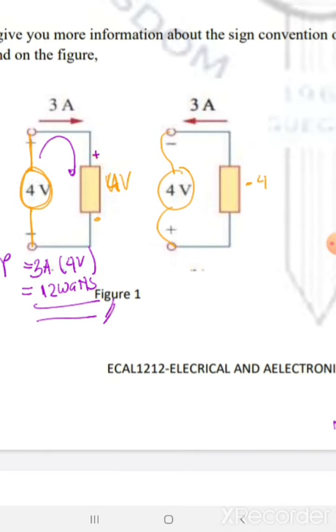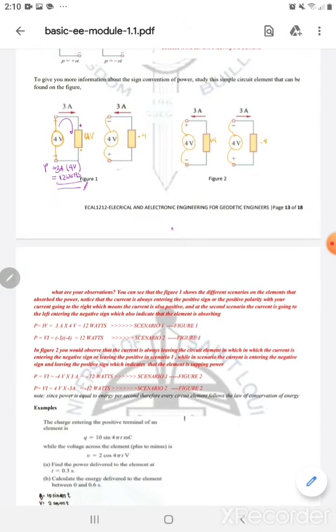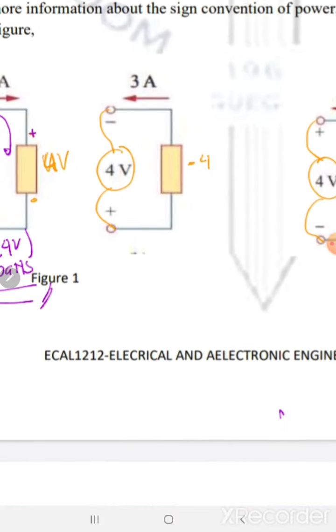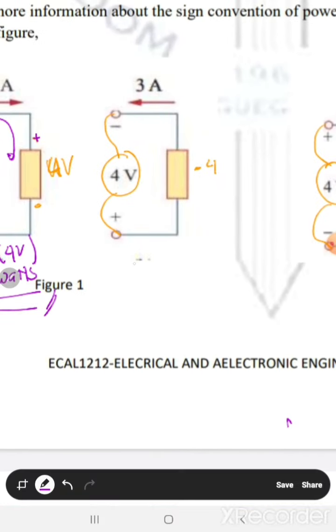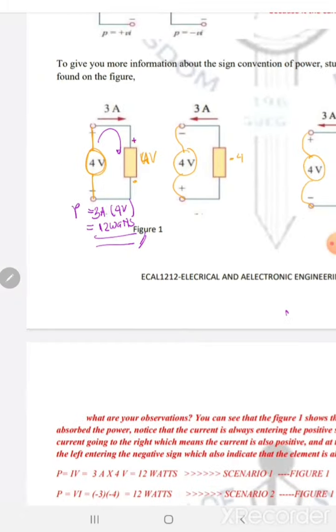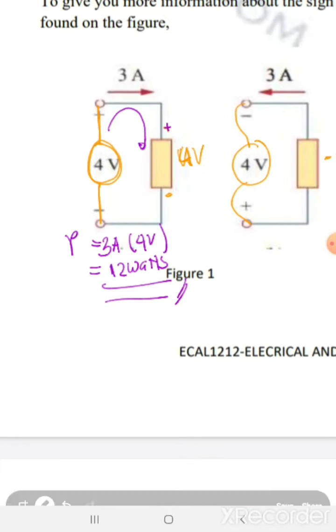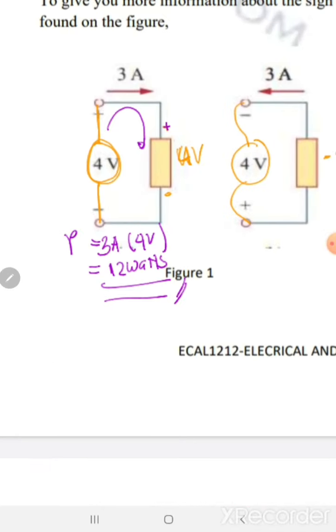Next is that we have your 3 ampere. So, if I will follow the direction of my 3 ampere, I may say that it is going. So, wag yun ilalagay itong negative 4 volts na to, because that will be our P in. Okay? So, this is our P out or your P at 4V. Sabihin natin R to.